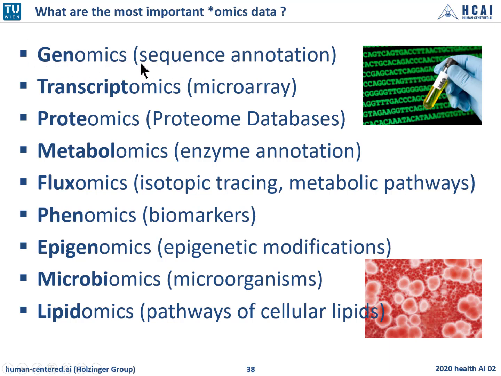Of course genomics is sequence annotation, then transcriptomics from microarrays, proteomics in the proteome databases, metabolomics, which is enzyme annotation data, fluxomics, all about isotopic tracing and metabolic pathways, phenomics, for example biomarkers, then epigenomics, which is about epigenetic modifications, microbiomics, microorganisms around our body, and lipidomics, the pathways of cellular lipids. This is just a fraction of all of them, but you have an overview.